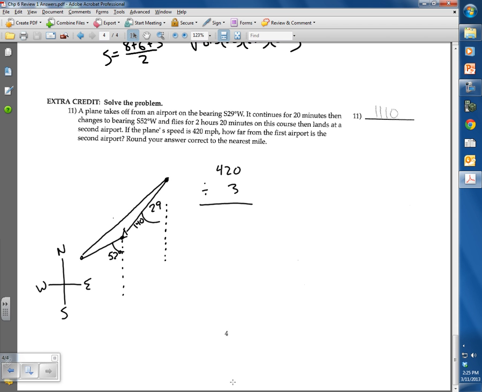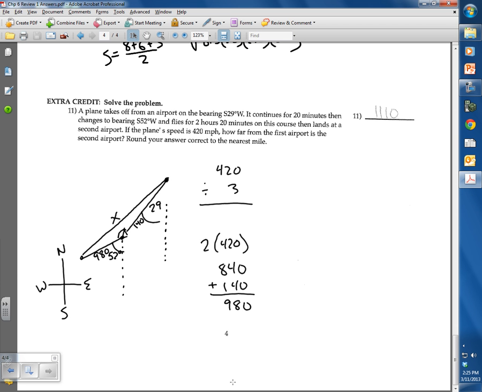And then after we changed bearing, we flew for 2 hours and 20 minutes, so 2 hours is 840, plus we just found out that 20 minutes gives us 140, so put those together, we get 980 for this side over here. And if we could figure out this angle in between, we'd be ready to go. If we could find a couple of the other angles, we could do law of sines, because we're just trying to find this distance here, how far from the first airport to the second airport.